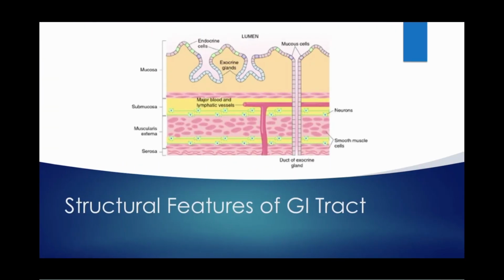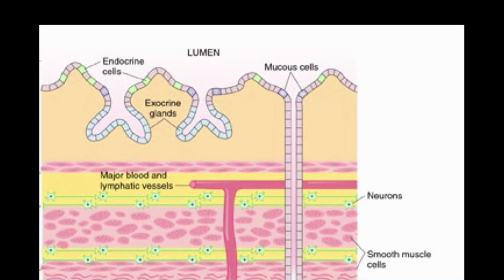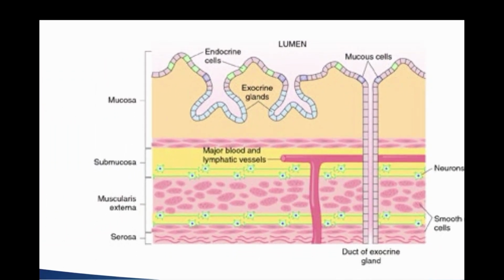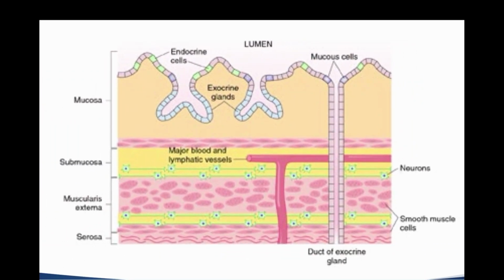Structural features of the GI tract. We know it's all smooth muscle, so we have to have a muscle layer. And we need to have ways to secrete and control it. So there are 4 layers to the GI tract. The innermost layer that actually touches the chyme and the food stuff is the mucosal layer.